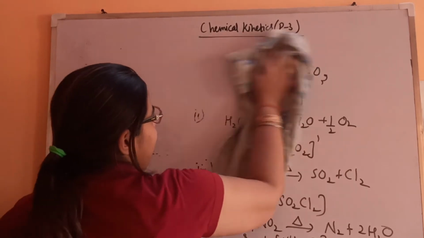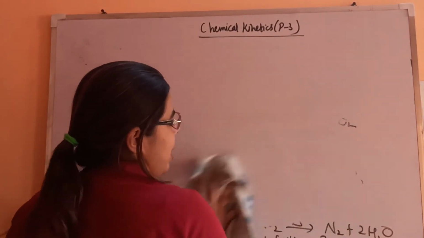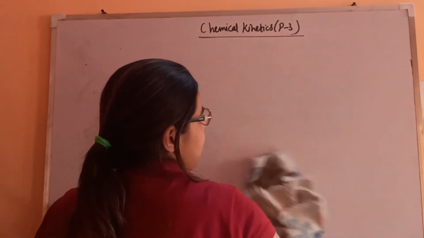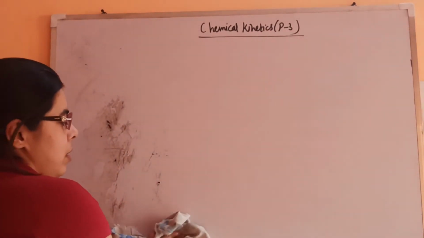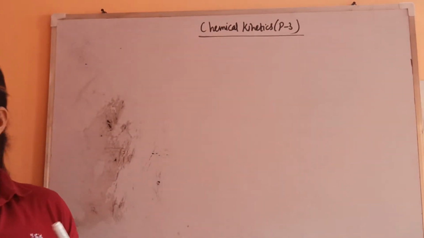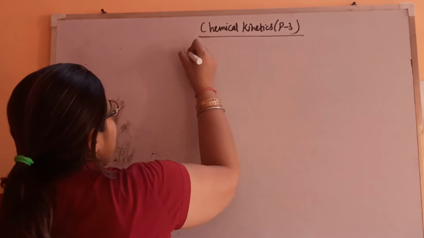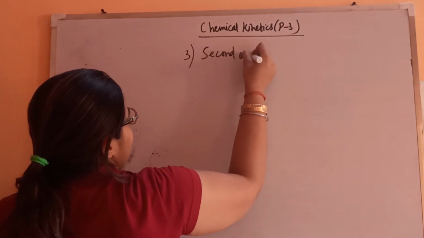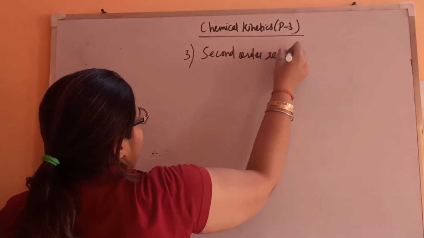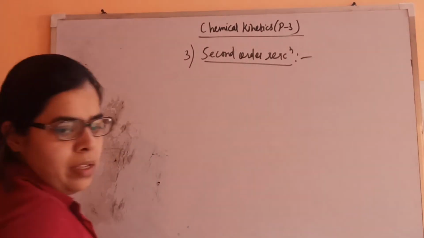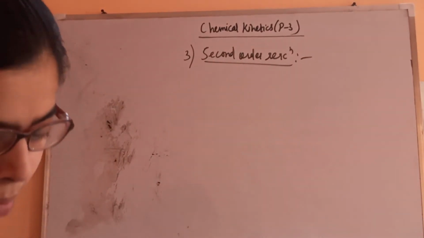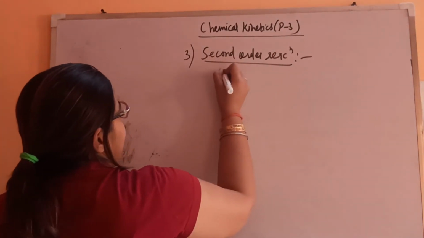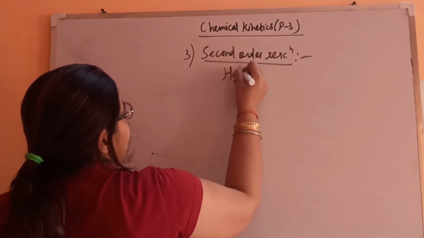Let's see the second order. The units of K will be different, which we will discuss. So the third is the second order reaction. In this, saponification will come, that is, the hydrolysis of ester.